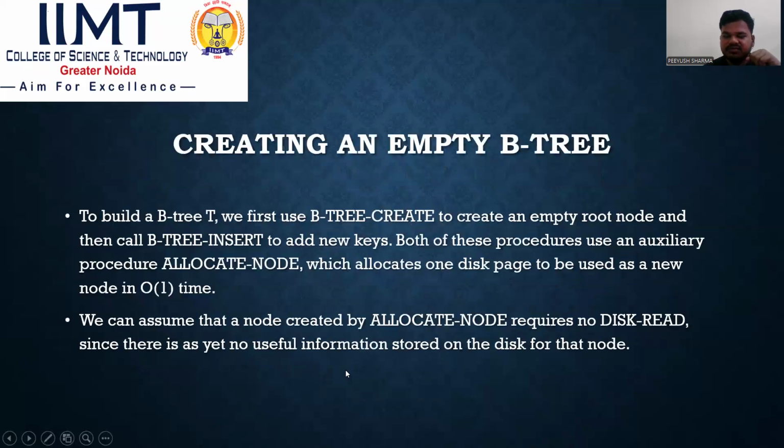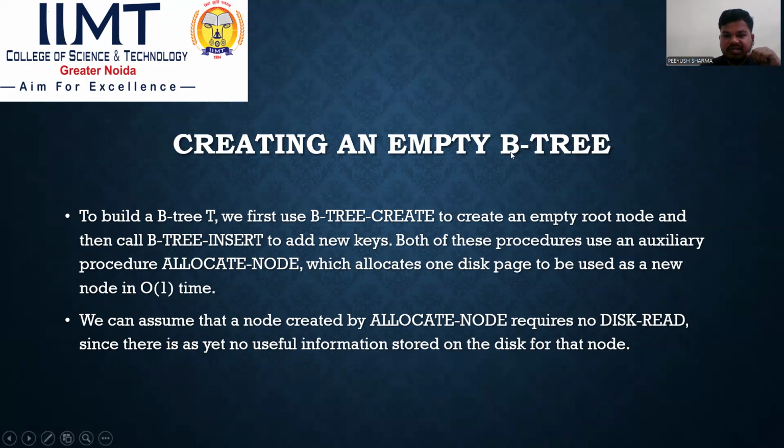Now another property is inserting. For inserting, we have to create a B tree. I have told you before that in data structure, data can be stored in linked list form or array form.